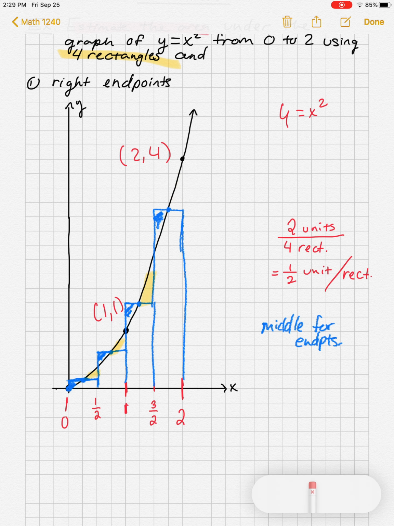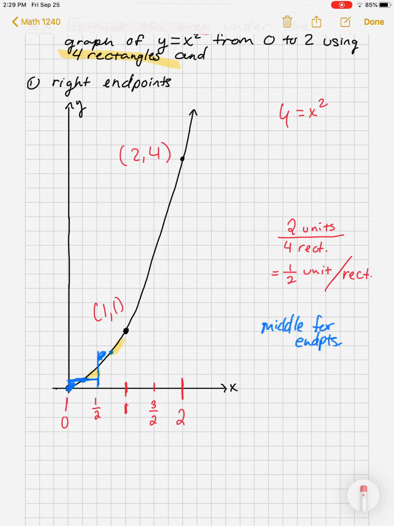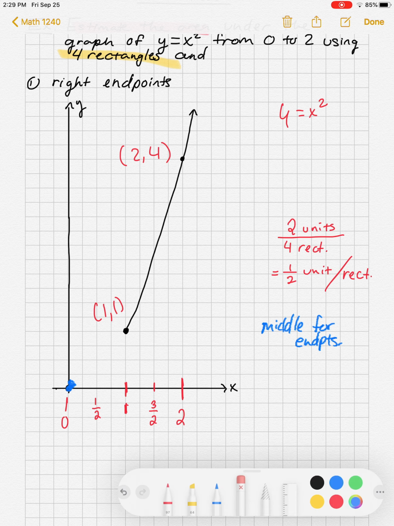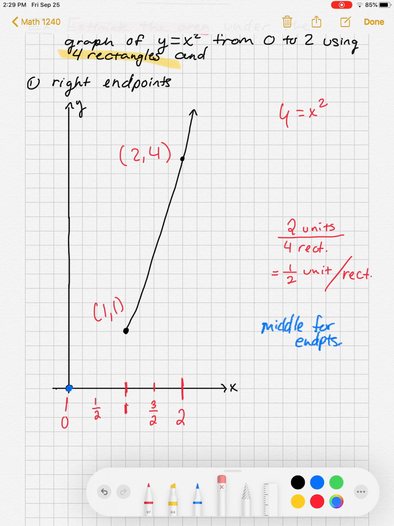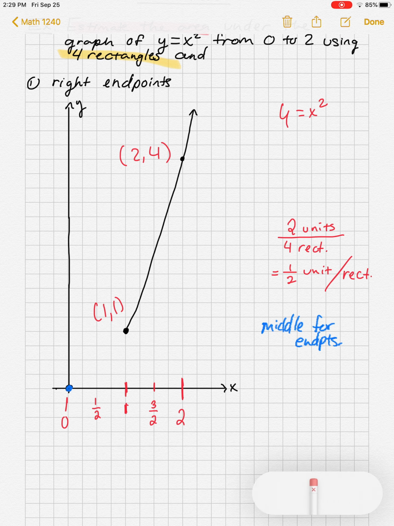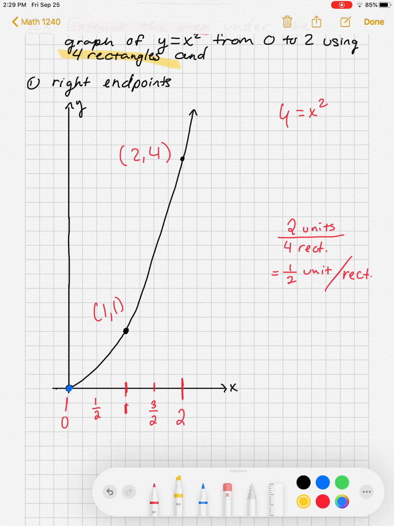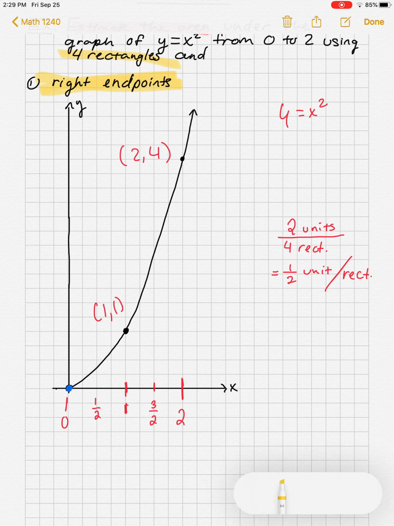Okay, but this time we're going to go with what the problem said, which was use the right endpoints. Then we can see if that's an overestimate or an underestimate. Okay, right endpoints.